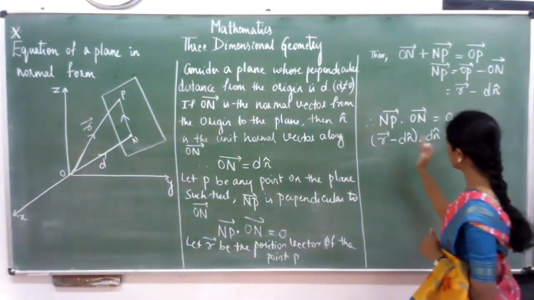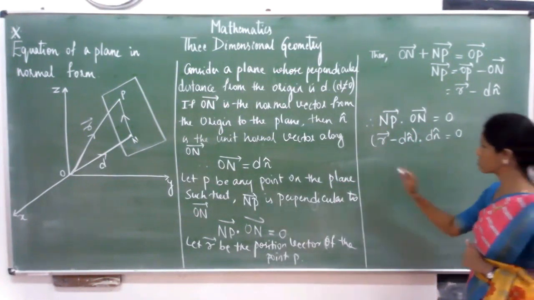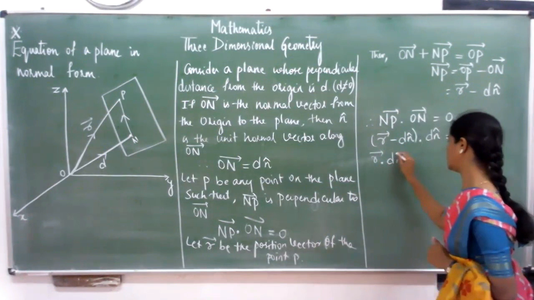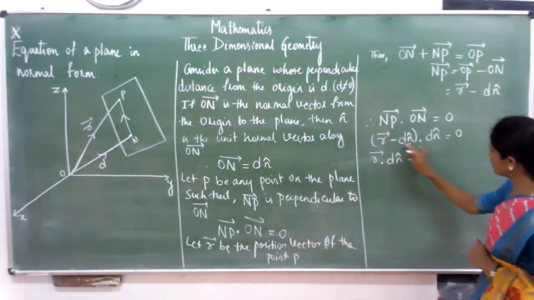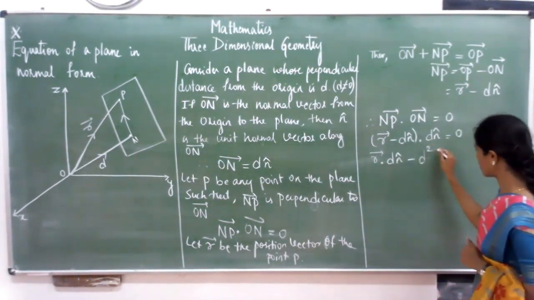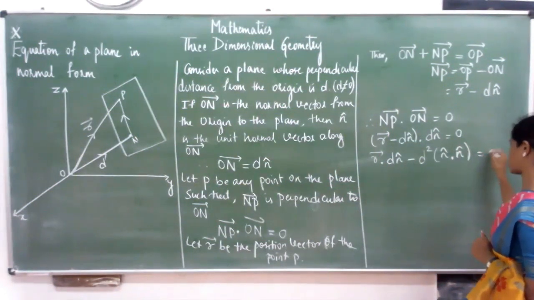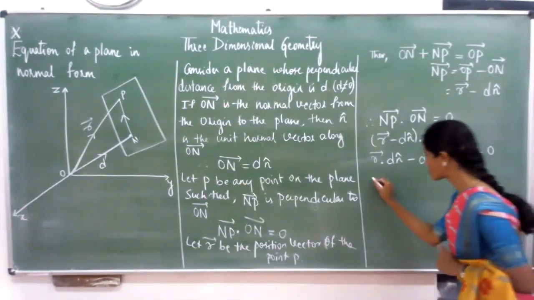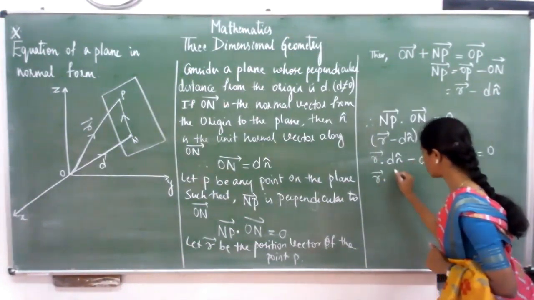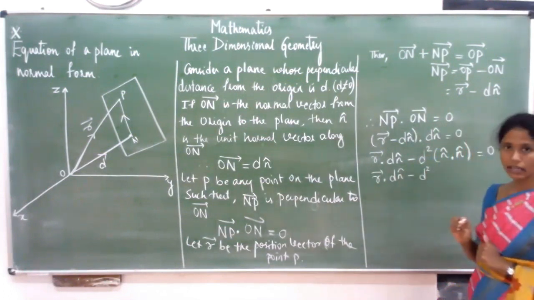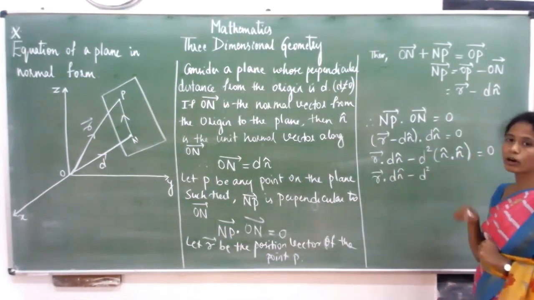Let us simplify and find the dot product between these two. So we get vector R dot D into N cap minus D into D square into N cap dot N cap, which is equal to 0.